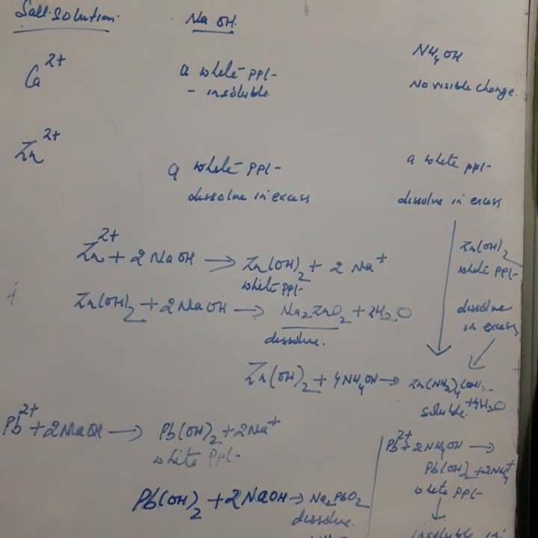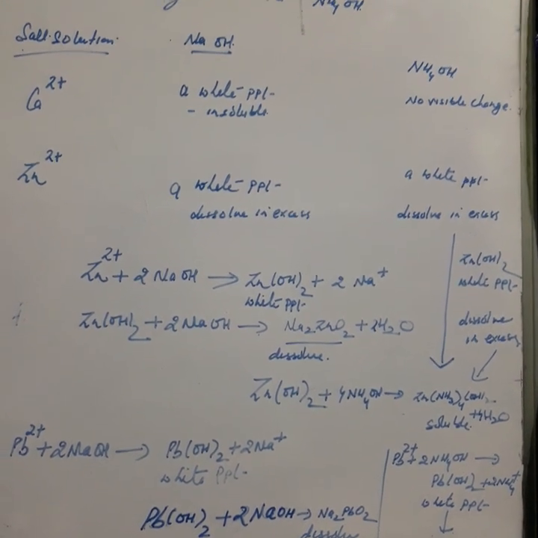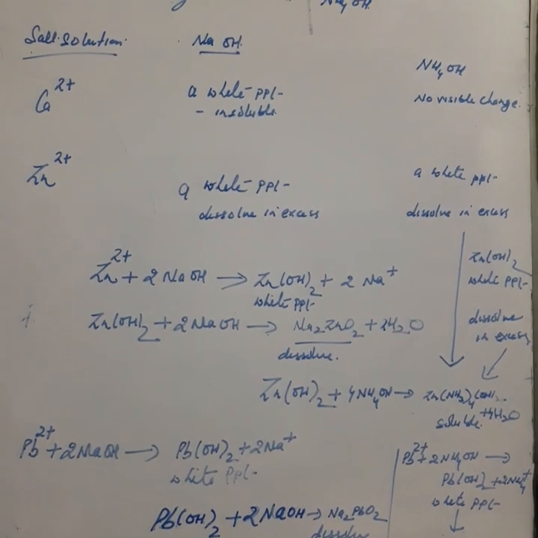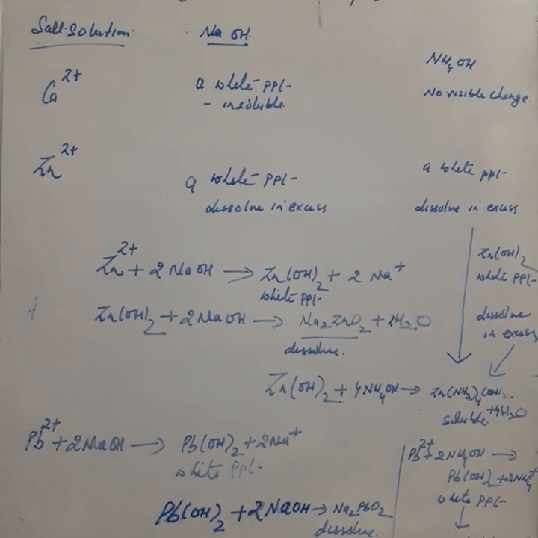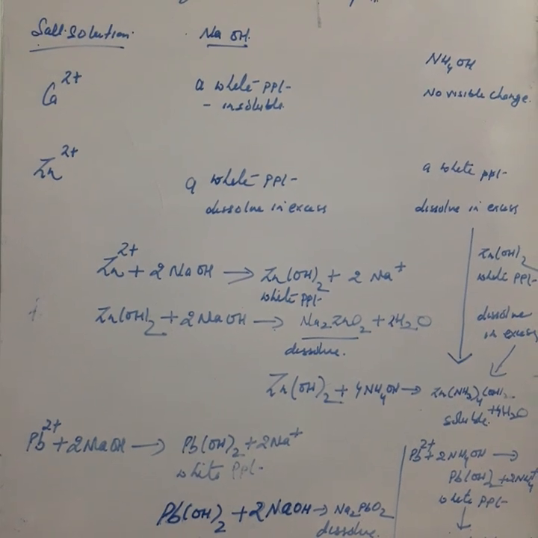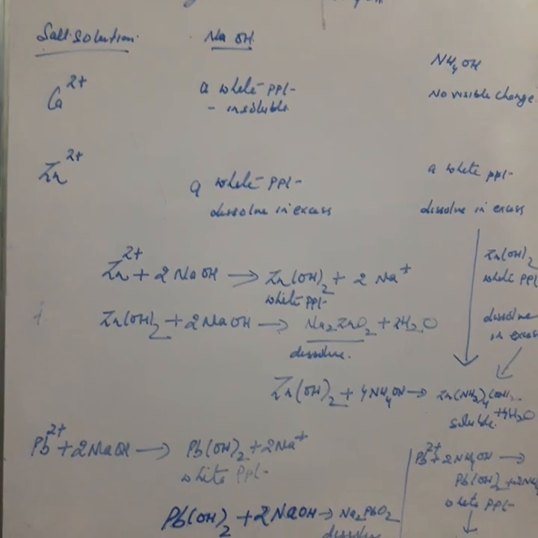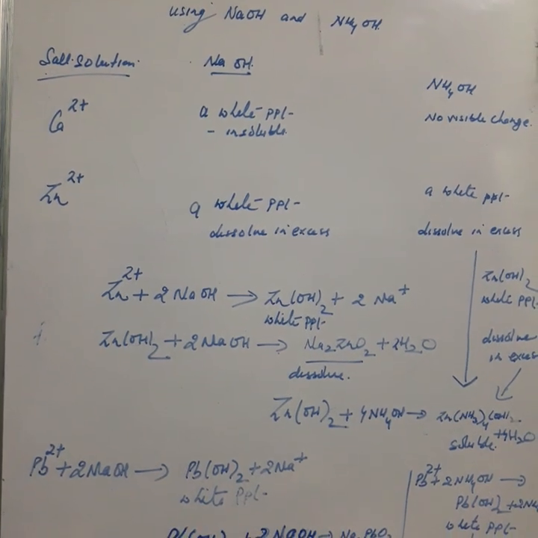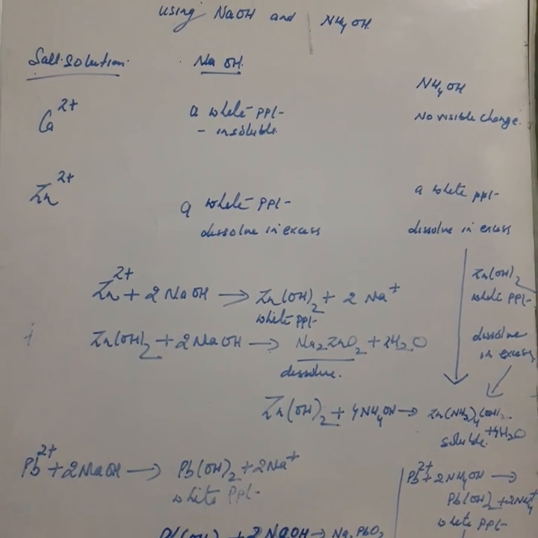With the help of this, we can identify which metallic radical is present in the given unknown salt. So that's why we use sodium and ammonium hydroxide in the lab for identification of basic radicals.